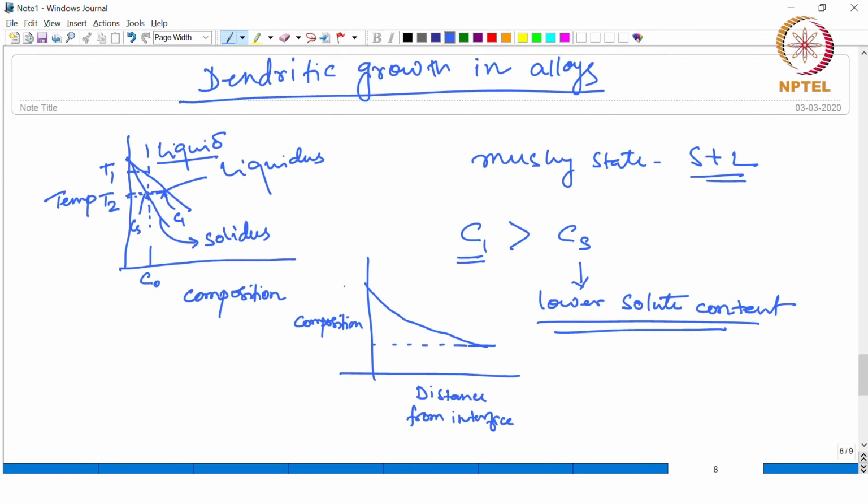At the interface where the solid is forming from a liquid of composition Cl, that is higher compared to this average composition C naught. As we increase the distance from the interface, the solute content of the liquid will decrease, and eventually it will stabilize at the average composition C naught.